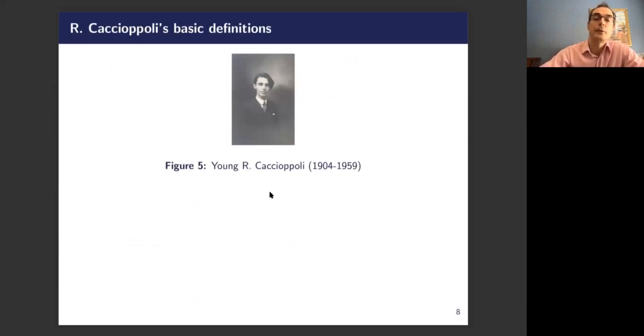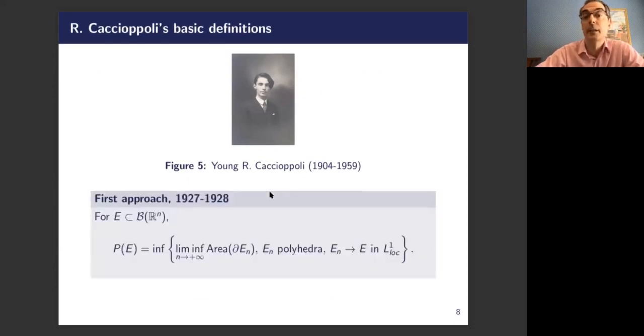So one of the first basic definitions is due to the Italian mathematician Renato Caccioppoli, who proposed in 1927, 1928 a first approach to the notion of a perimeter of a set in R^n.